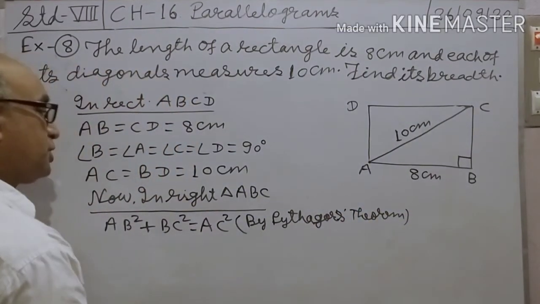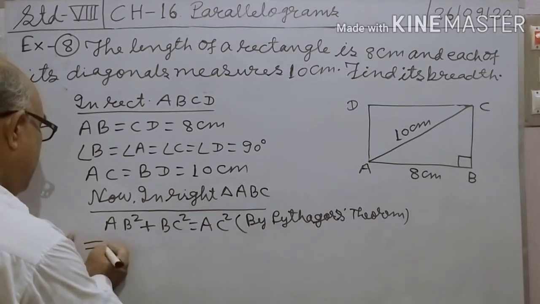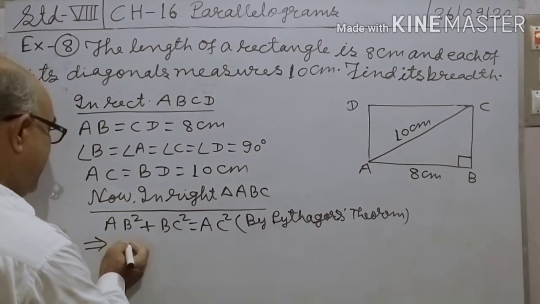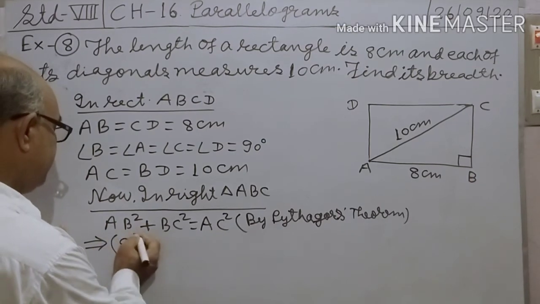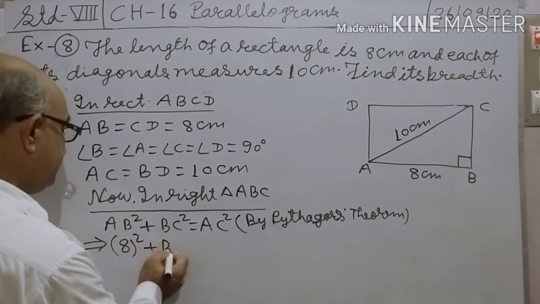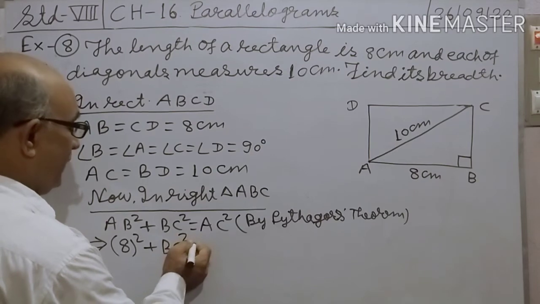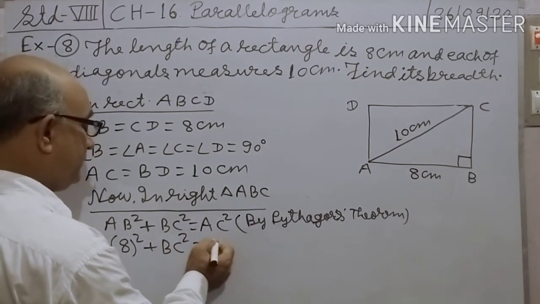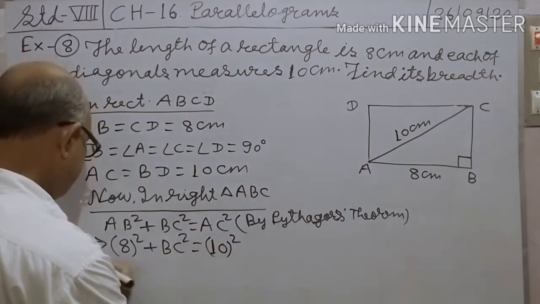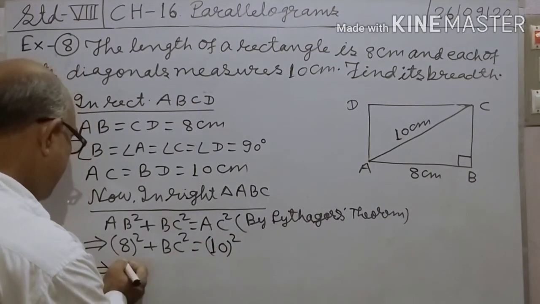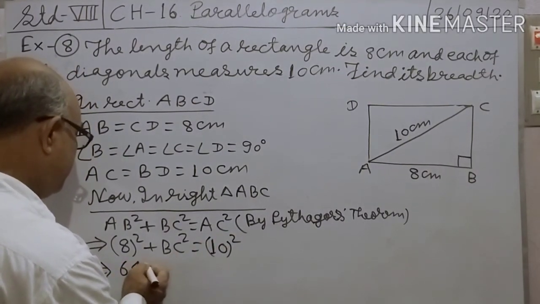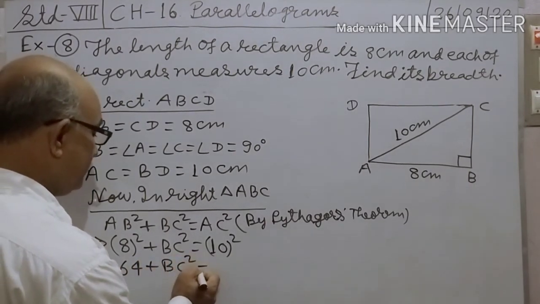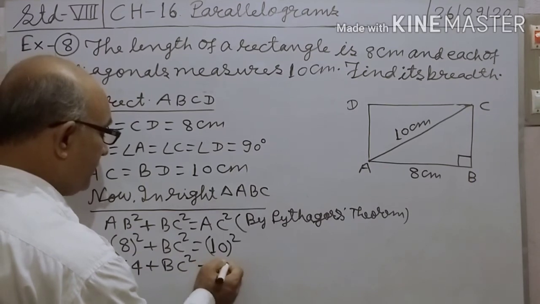That implies 8 square plus BC square equal to 10 square. 64 plus BC square equal to 100.